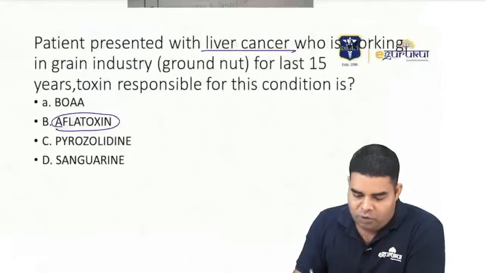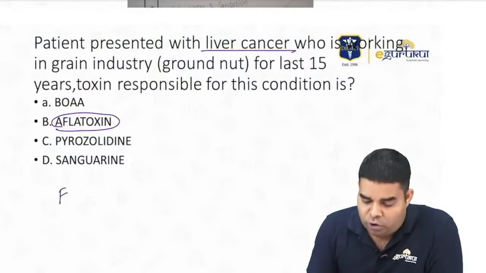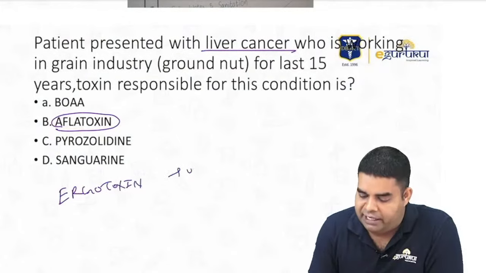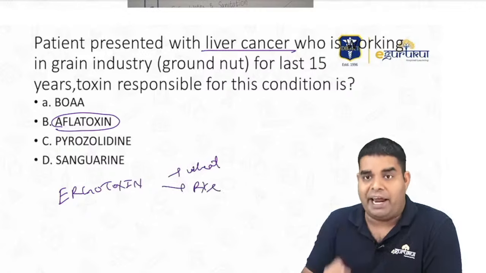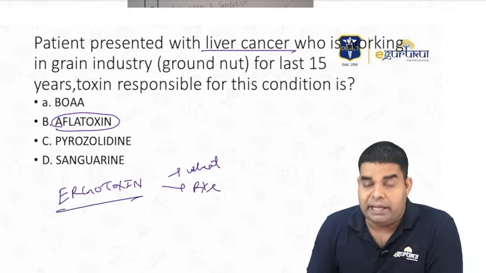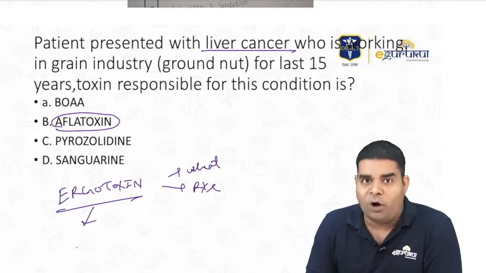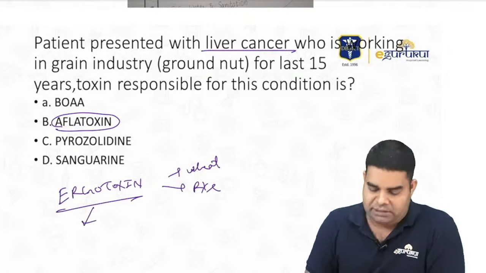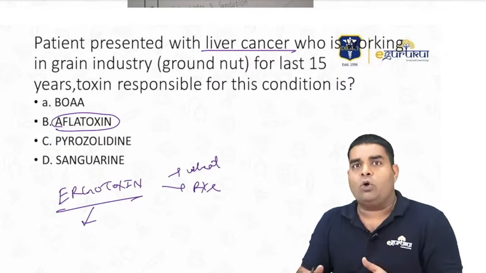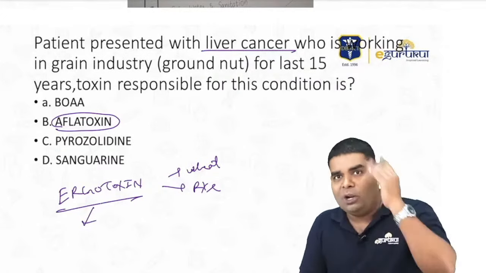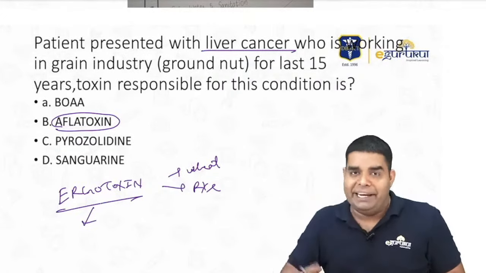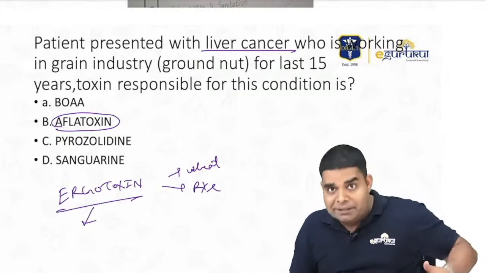Now, one more type of toxin is ergotoxin, which is released by wheat and rye. If you have wheat and rye toxicity, then ergotoxin is released from there, and this ergotoxin causes peripheral cyanosis, and it can also cause hallucination, because we all know in treatment of migraine we give ergotamine.